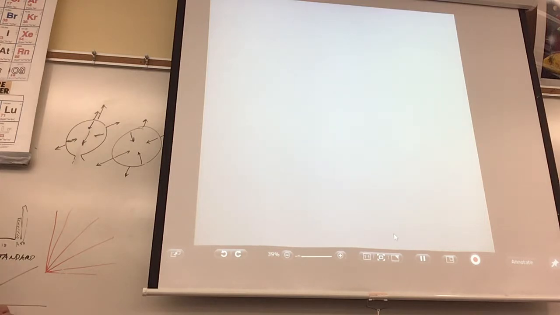Now, what happened is I would make a solution that I knew was a certain concentration. Let's say a concentration of 1, and a concentration of 2, 3, 4, 5. And then I would put that in the machine, and the machine would say, hey, how much light did you absorb?